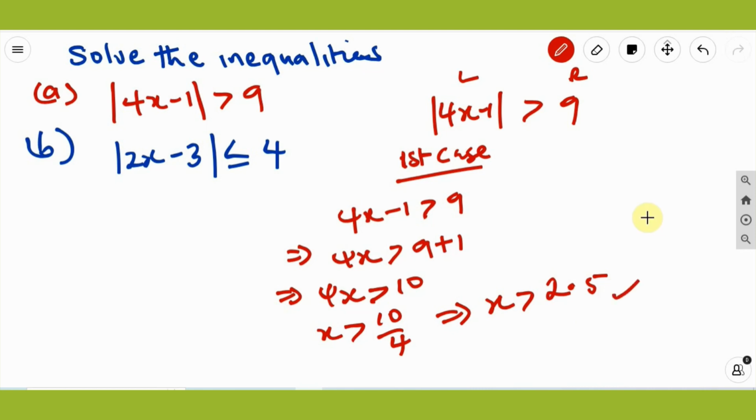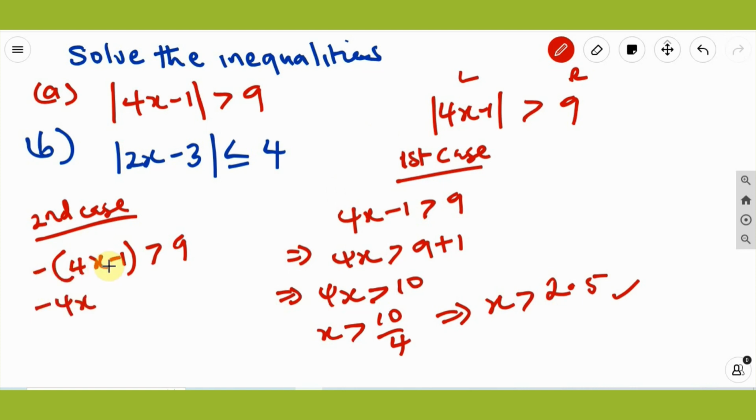Then for the second case, I'm going to take the left hand side as negative. So this is going to be minus bracket 4x minus 1 is greater than 9. Clearing the bracket, I'm going to have minus 4x, minus times minus is plus 1, greater than 9.